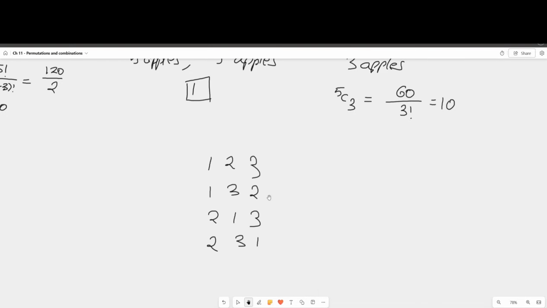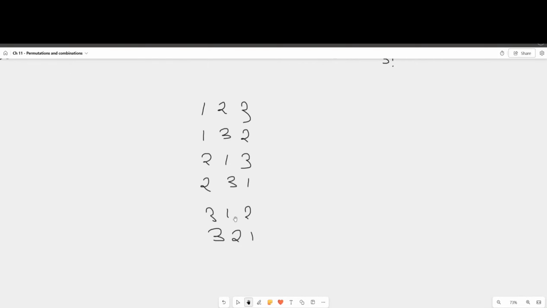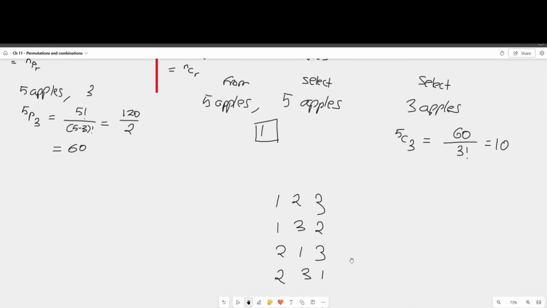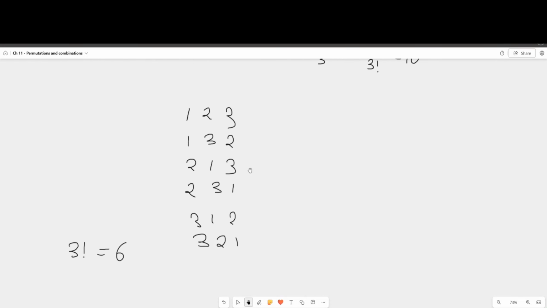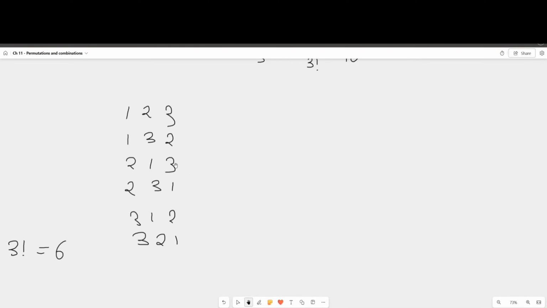I'll list these 6 arrangements here: if you were given 3 apples and had to arrange them, you would have 6 possible arrangements because 3 factorial is equal to 6. But because we have 5 apples, that actually becomes 60, because there are a lot more ways, this could be 5, 2, 3, or 3, 4, 2, things like that. So this is arrangement, where you can have multiple things.